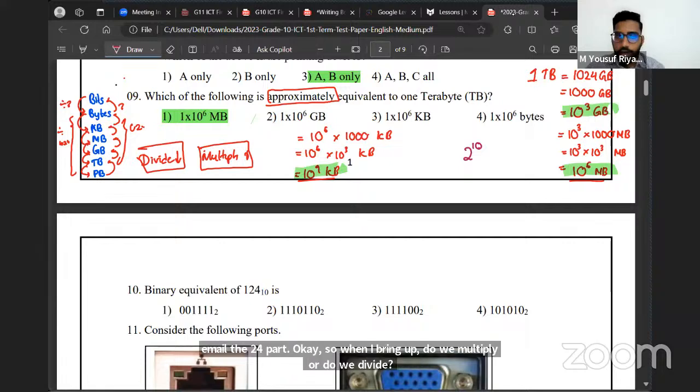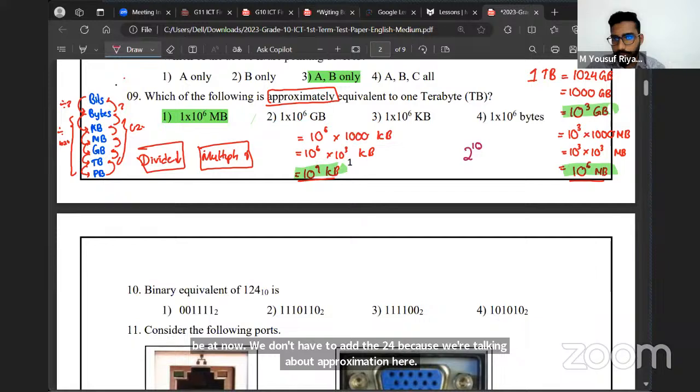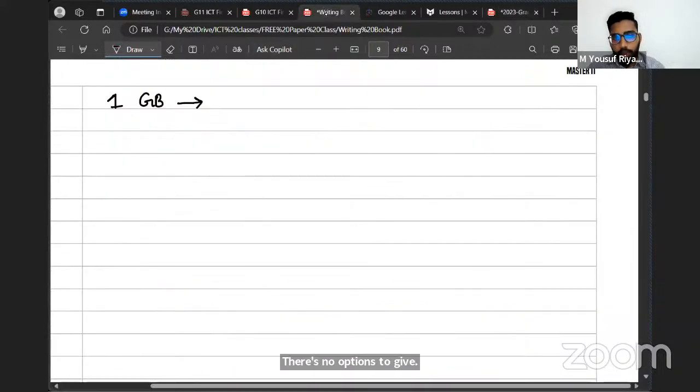Exactly, you have to multiply. So 1 GB, I'm going to multiply this 1 by 1024. If I multiply by 1024, I'll be getting the amount in MB. So 1 GB in MB is basically 1 times 1024 MB. You can shorten and write this as 2 to the power 10 MB.